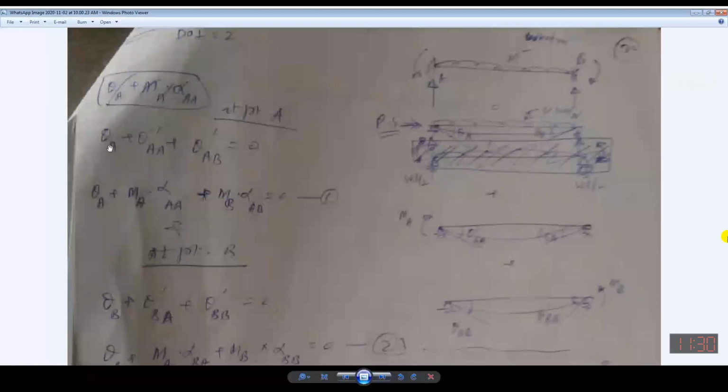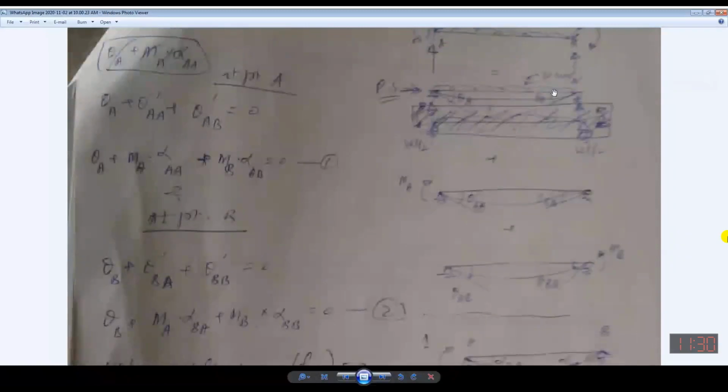For B point, theta B, theta dash BA, and theta dash BB. What is theta dash AB? It is the rotation at point A due to moment at B. CR, okay?